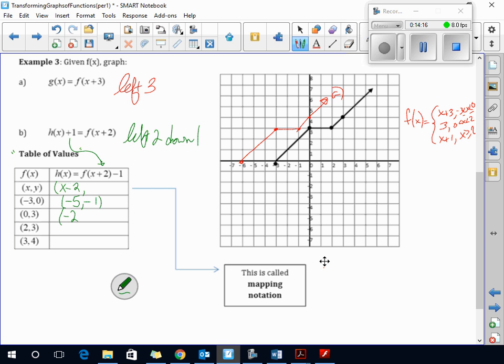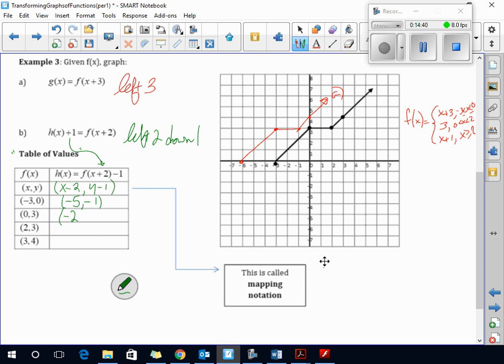Okay, so where I'm going with this is we're eventually going to do 5 or 6 transformations. So sometimes it's really hard to keep track of stuff. Like when you're just going left 2, down 1, that's pretty easy. You could just take this and go left 2, down 1 and redraw it. But when we have 5 things going on, sometimes it's easier to do a table of values, though it's not really a table of values. I'm taking certain points where they change directions, coming up with the rule, and then coming up with a new point.